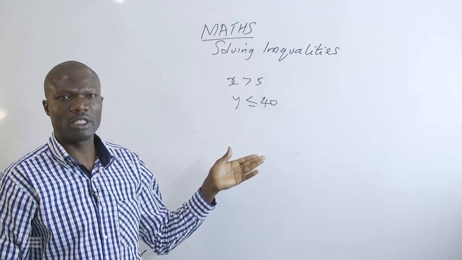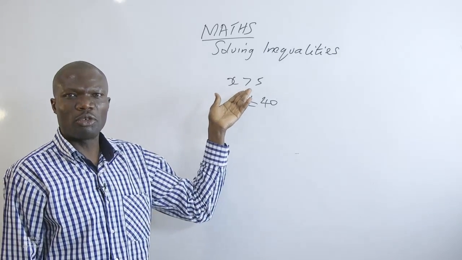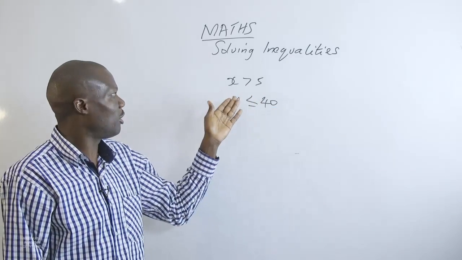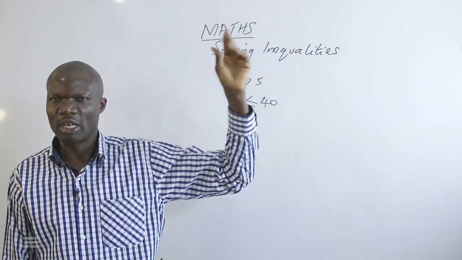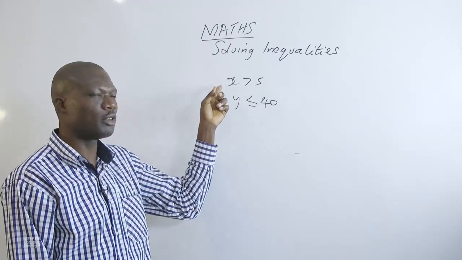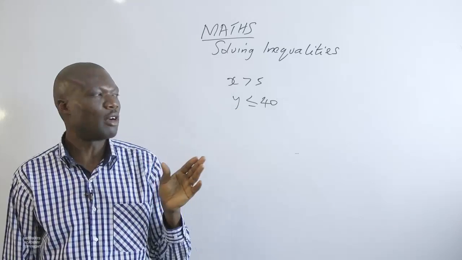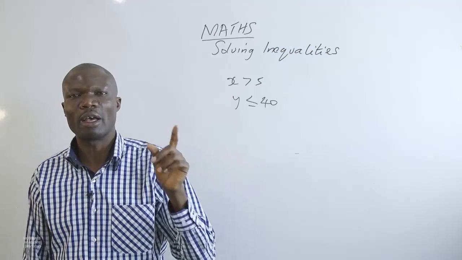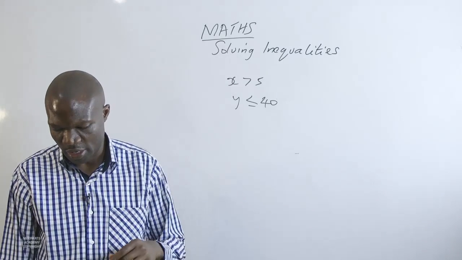When you have this, it is only telling us that the values for x are values that exceed 5 and onwards. Anything less than 5 is not going to fit this inequality. And for this one, the values for y are 40 itself, inclusive, and below.